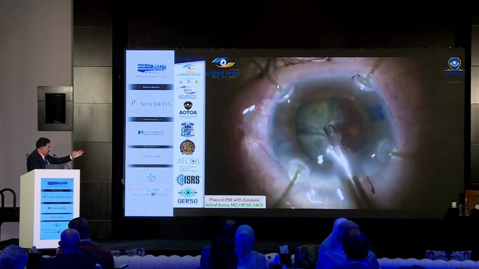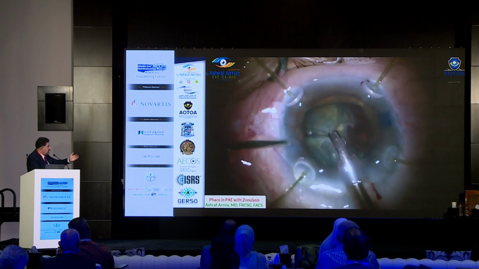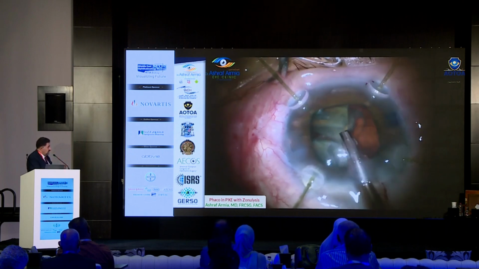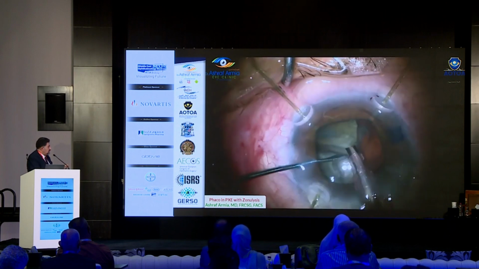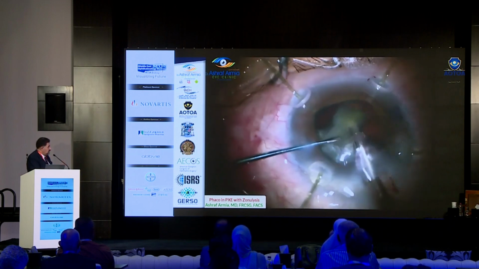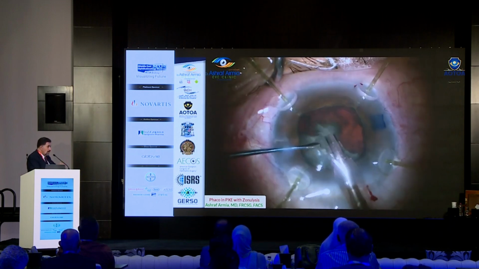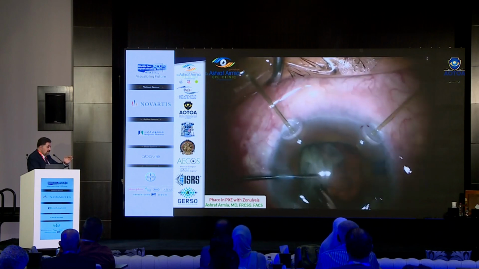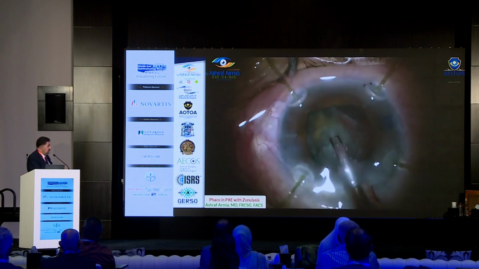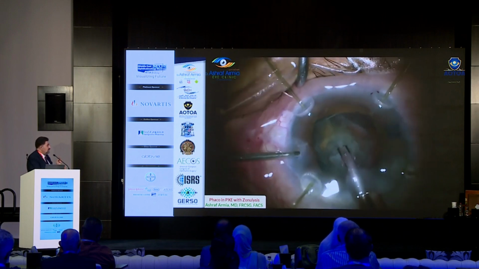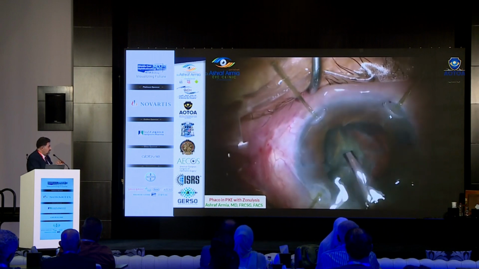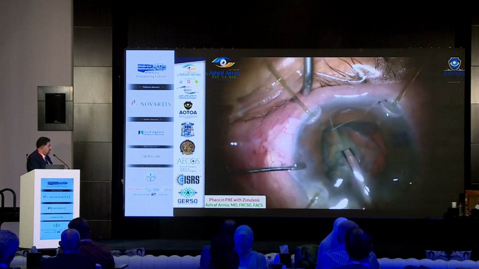Again, I finish half of the nucleus, inject viscoadaptive or dispersive, and then continue the third quadrant. I usually do high flow, high vacuum with low ultrasound parameters, again protecting the endothelium, because these cases of severe exfoliation have a compromised endothelium, not just in count but in the health of the cells.